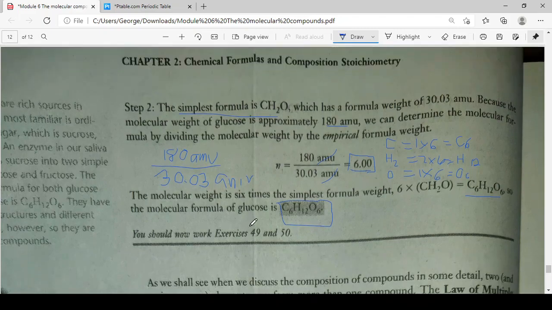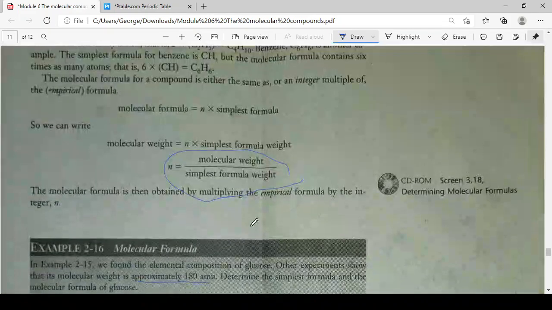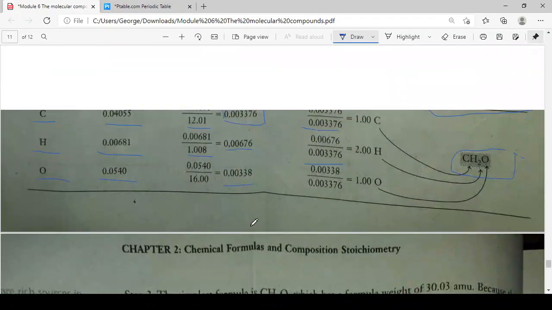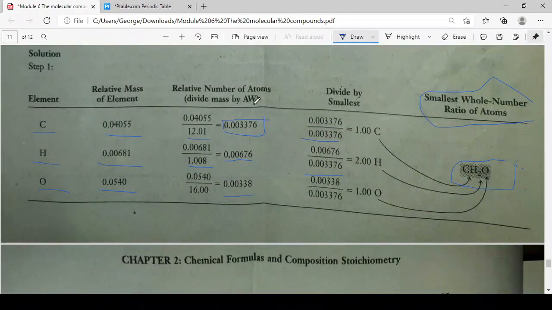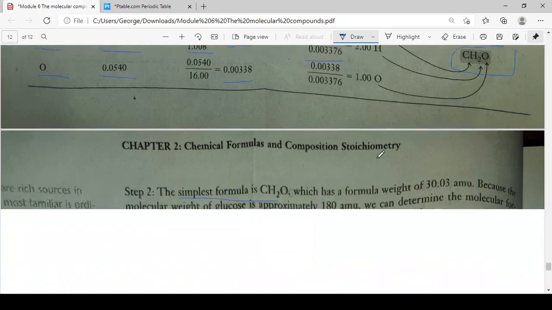So again, kids, when we are finding your molecular formula, we are looking for the smallest whole number ratio. We have the relative mass of your elements from the percent composition. We then divide them by the smallest in order to get your empirical formula, right?